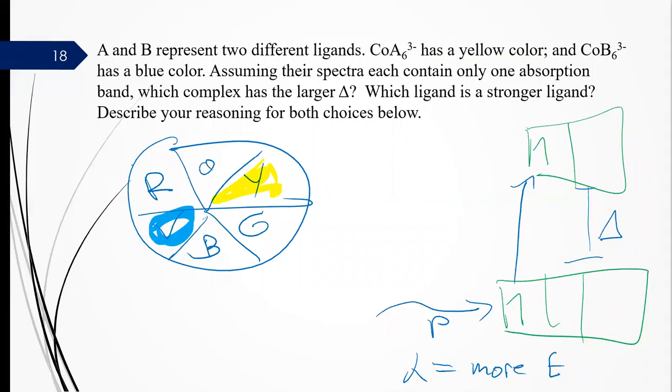If we are blue, then we are absorbing something in the orange region. Our complexes are going to be blue or yellow. And so right now, the one that is yellow in color should be absorbing the shorter wavelength. Does that make sense?